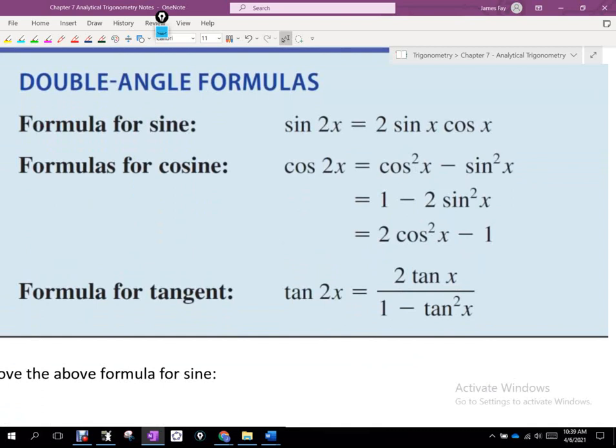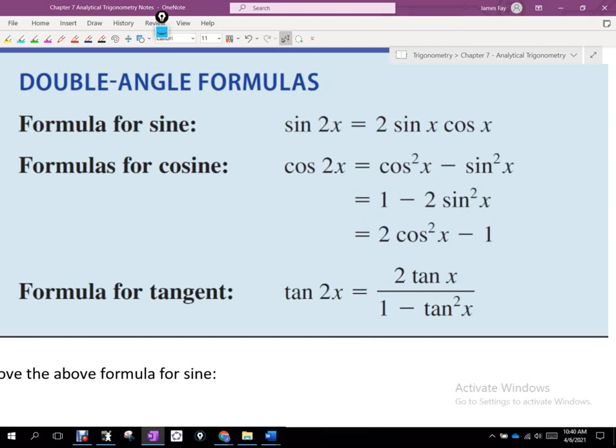But if I start you off with, hey, find cosine of 2x, knowing that the cosine of x is 2/3, you probably want to use that third double angle formula for cosine because it only uses the cosine of x, right? I can substitute that 2/3 in there right away, evaluate, and now I've got the cosine double angle.